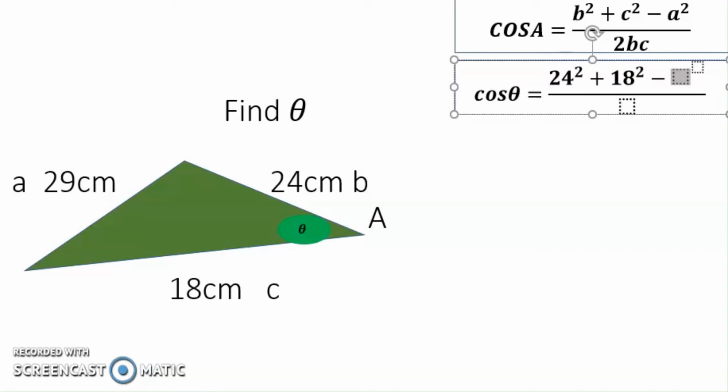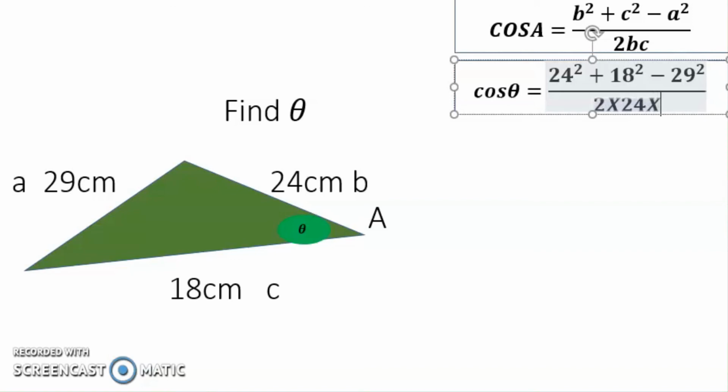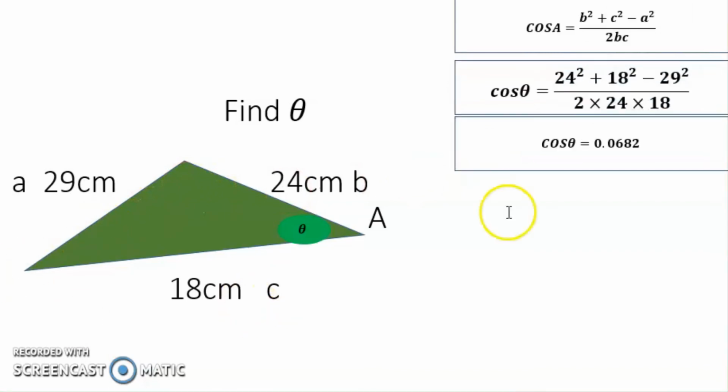And our A is 29, so we have 29 squared, all over 2 times our B, 24, times our C, 18. Now, please try to find the whole value with your calculator.